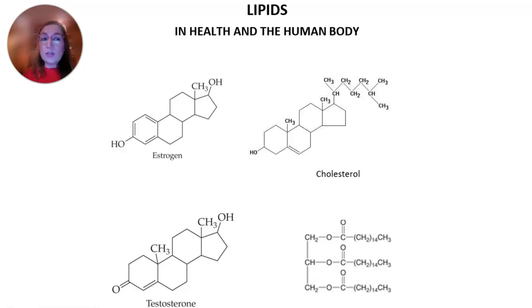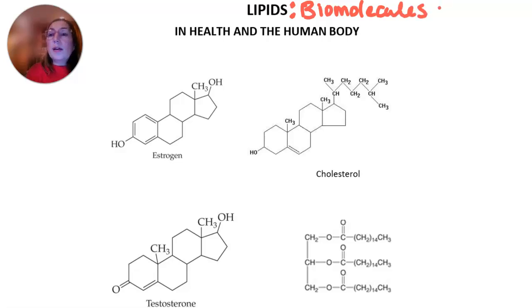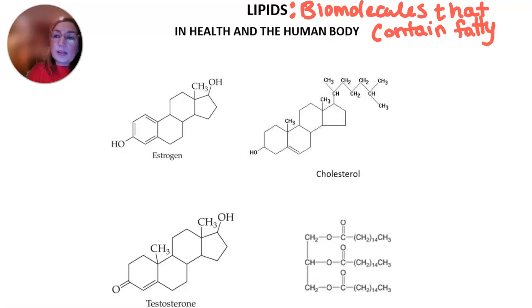Okay, we dove right into looking at fatty acids, but let's back up now and talk about what lipids are in general. Lipids in general are a big class of biomolecules. And these are biomolecules that either contain a fatty acid, let's say fatty acids, plural, because they usually do.